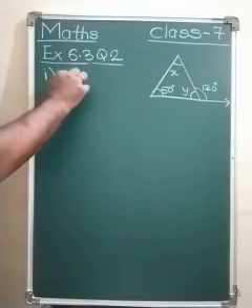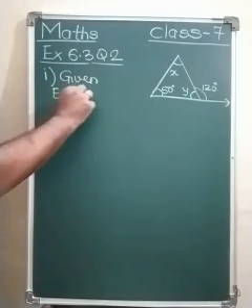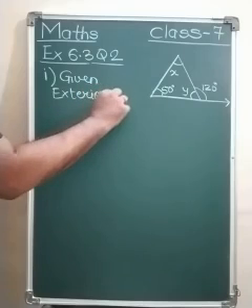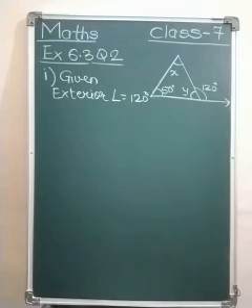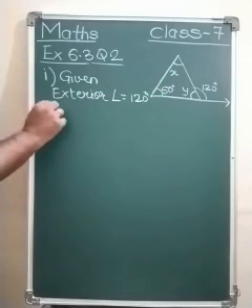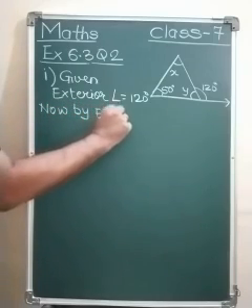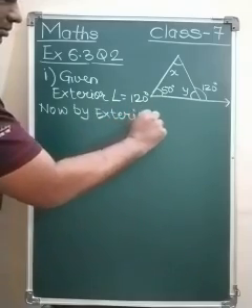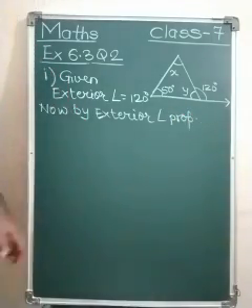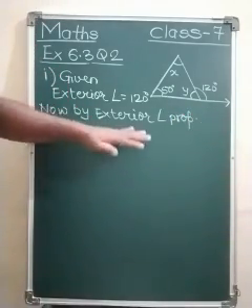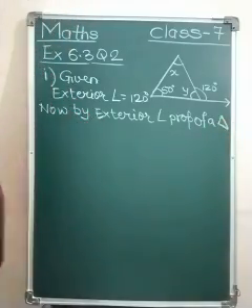Given exterior angle equals 120 degrees. Now, by exterior angle property, first we are going to apply the exterior angle property of a triangle.